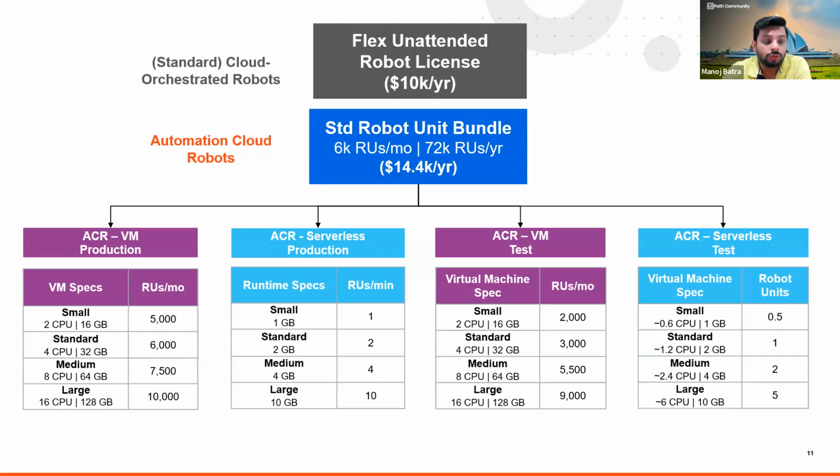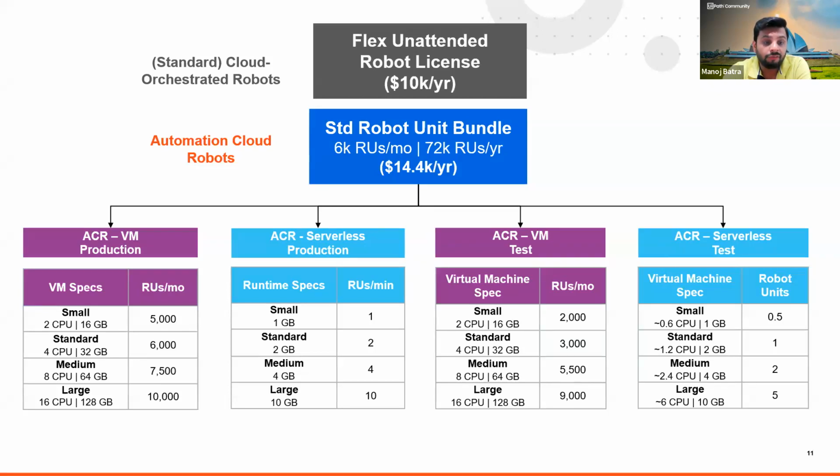If you use the small size for production with 2 CPU and 16 GB, 5,000 robot units will be deducted from your account. For standard, it is 6,000. For medium with 8 CPUs, 7.5K. For large, it is 10K.